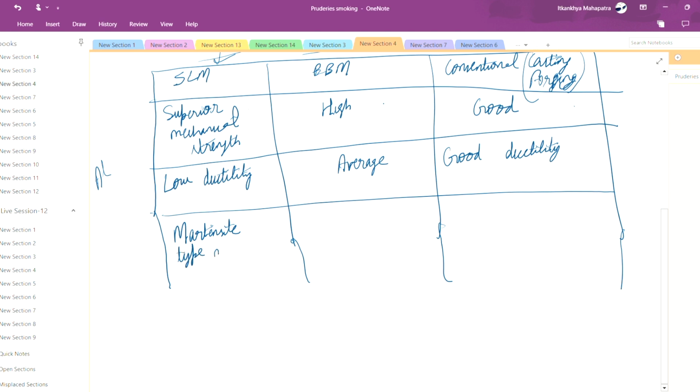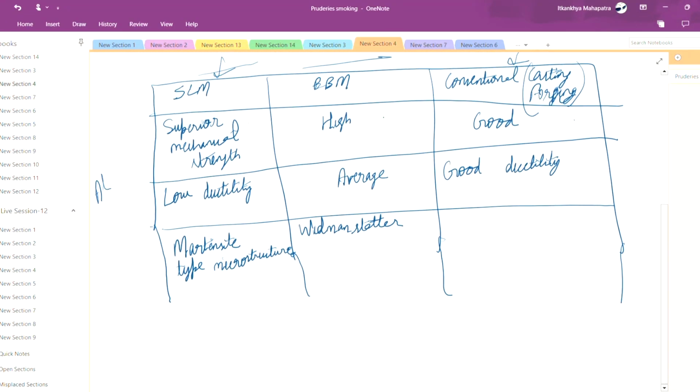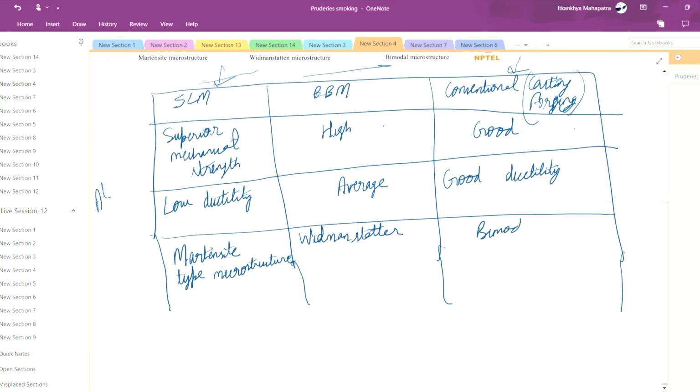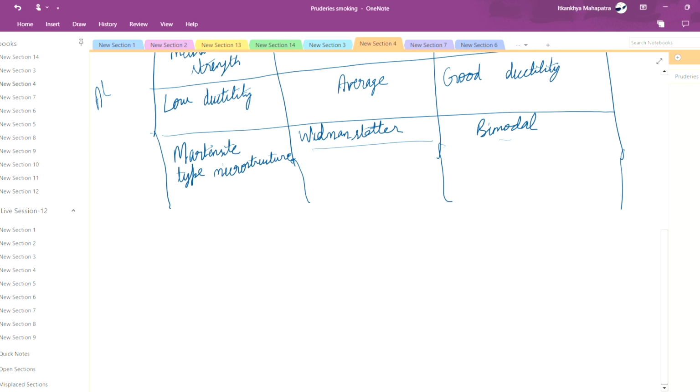This is Widmanstätten microstructure, and here we have bimodal microstructure. Your ductility depends on your microstructure.